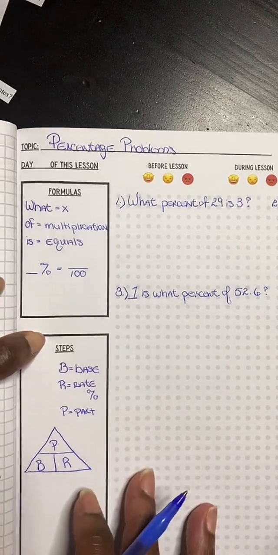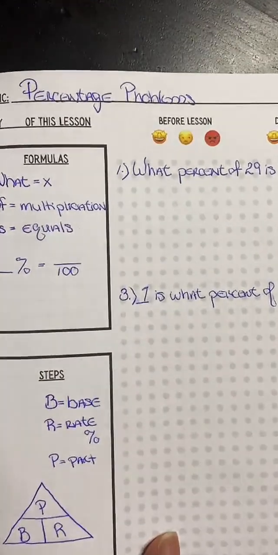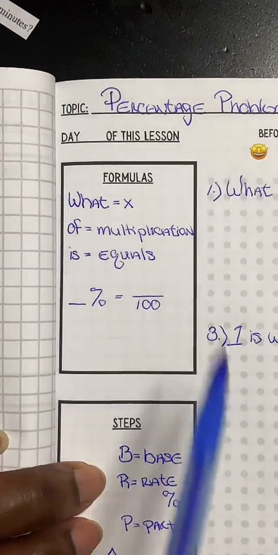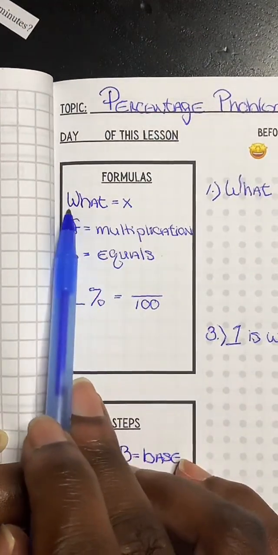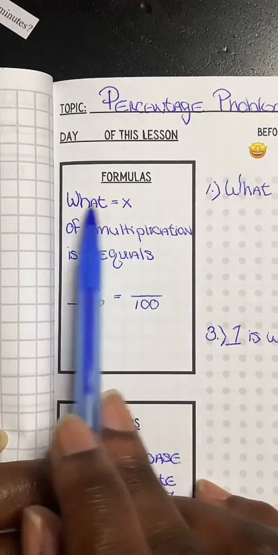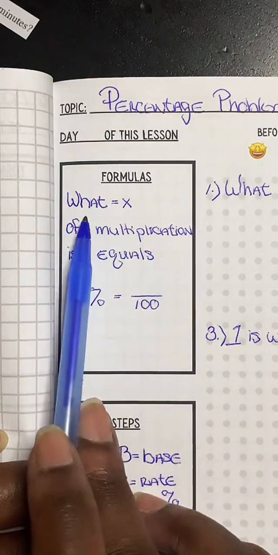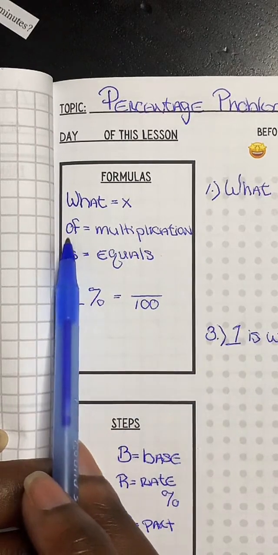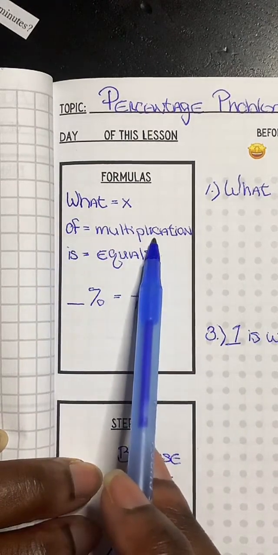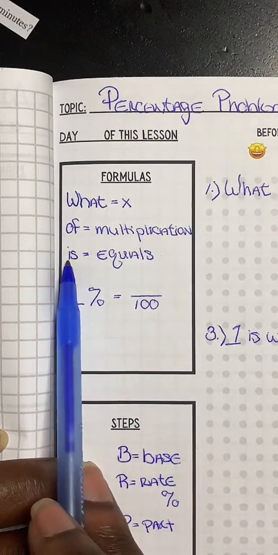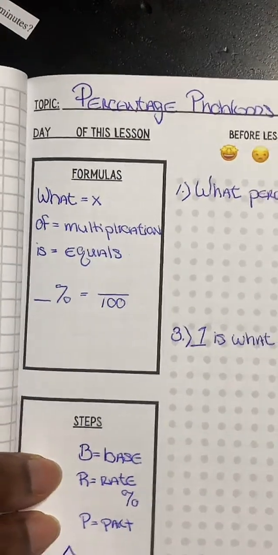Now, there are basically three ways that we see the percentages problem. Either you have a question that says what, it'll start off like what percent, what number. The what is going to be your unknown, hence what, right? Of means multiplication. Of is always going to mean multiplication no matter what, okay? And is, that means equals.